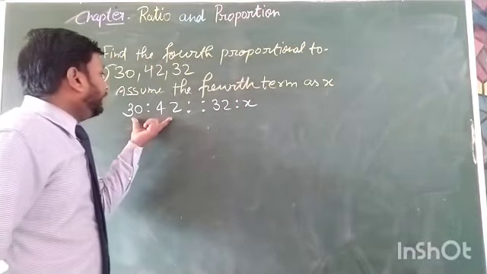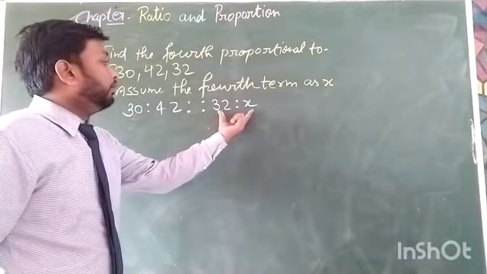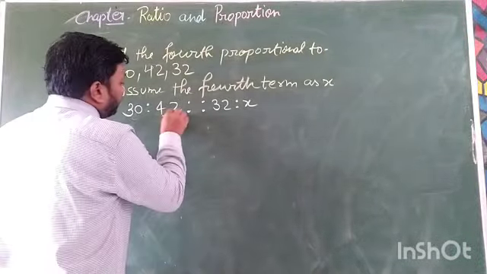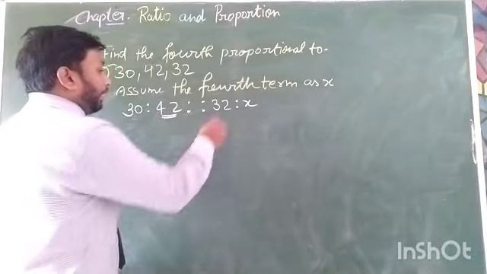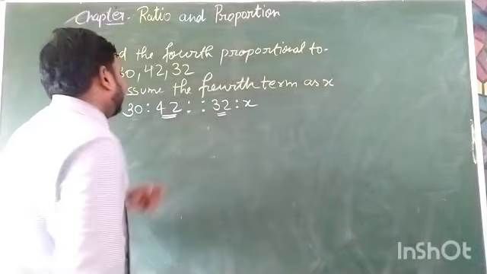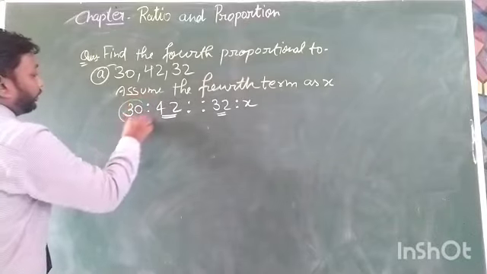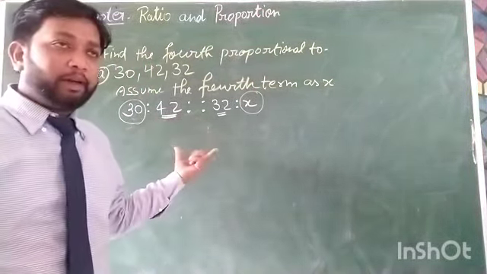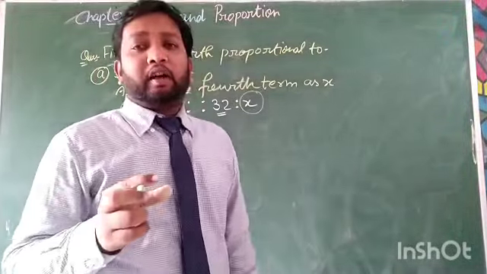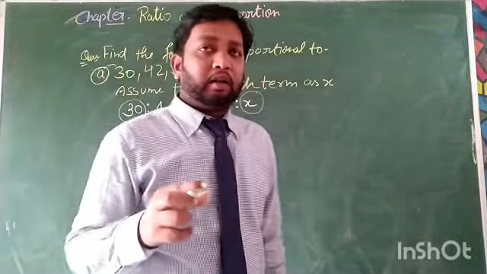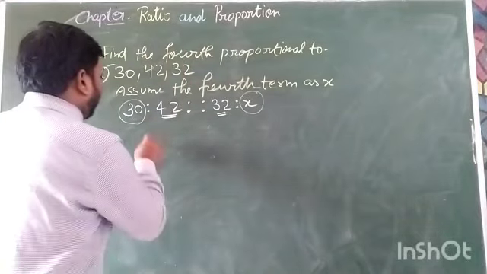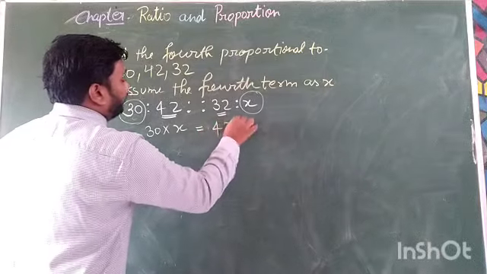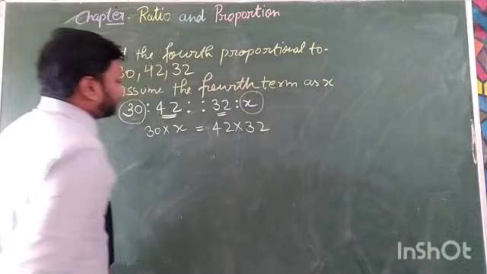So the ratio 30 ratio 42 must be equal to 32 ratio x, and we know that 42 is a mean and 32 also is a mean. The both ending terms, 30 and x, are the extremes of this expression, and we know that the product of extremes is equal to the product of means. So 30 into x will be equal to 42 into 32.